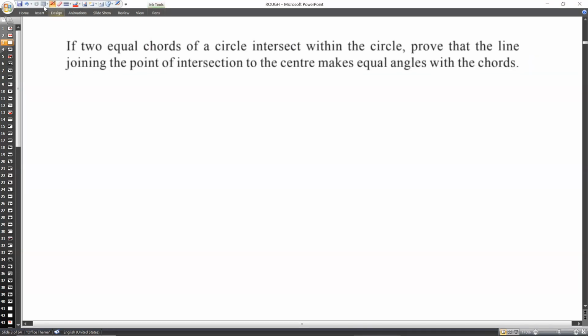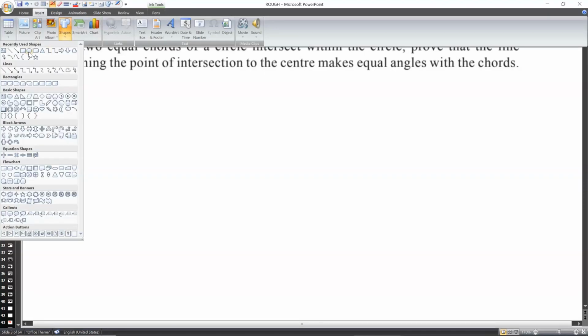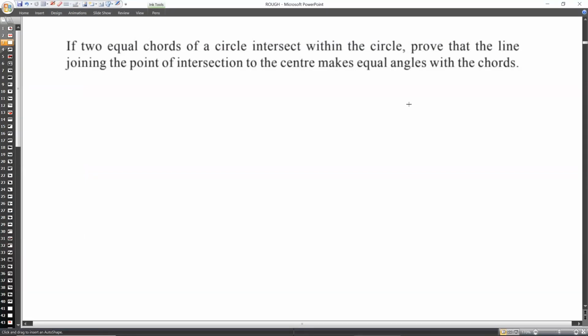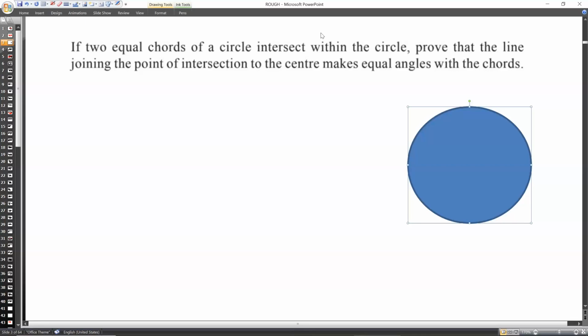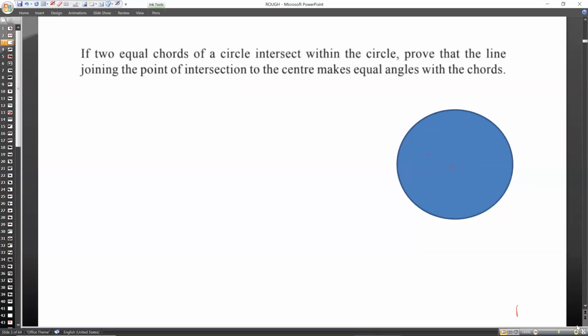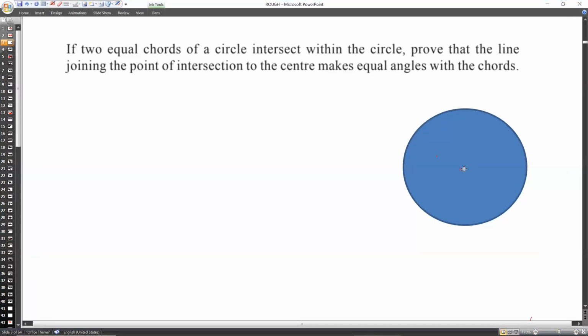Suppose we have two chords here in this circle, and this is the center.